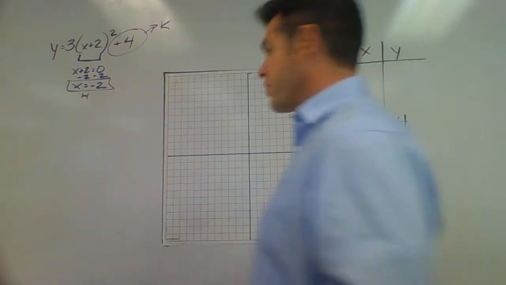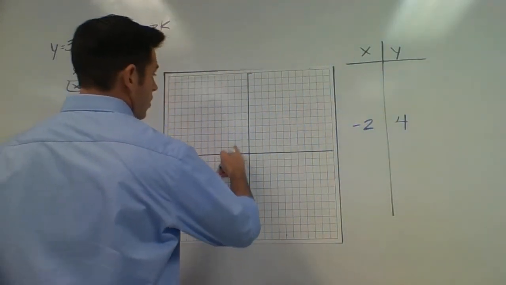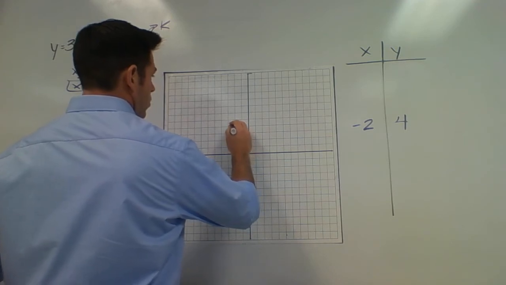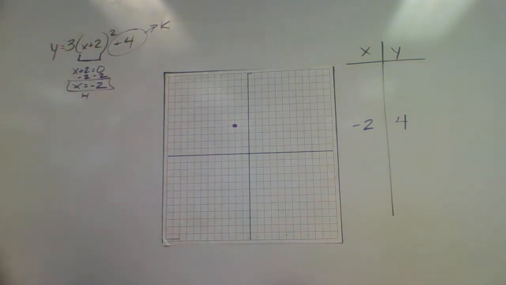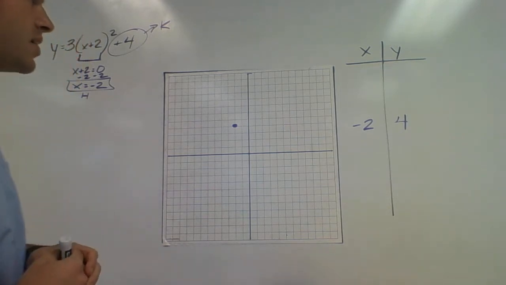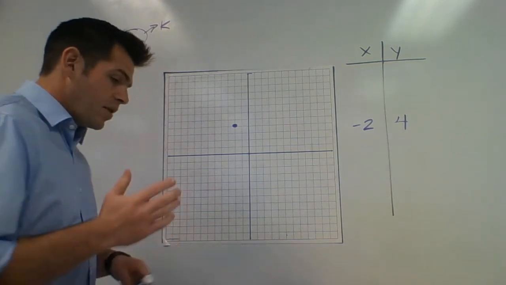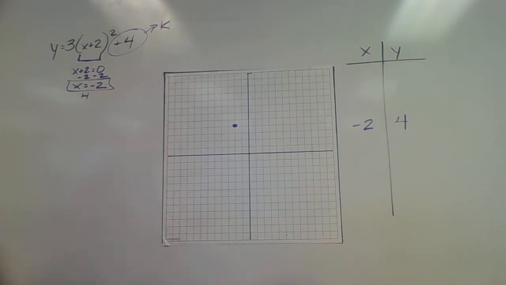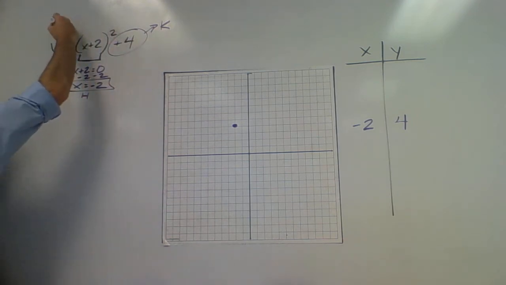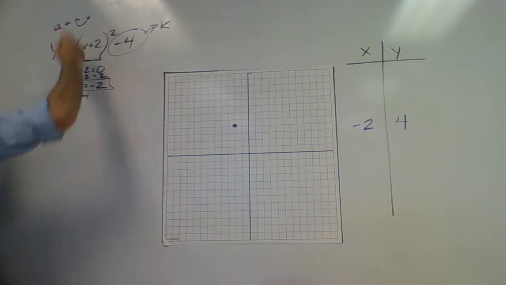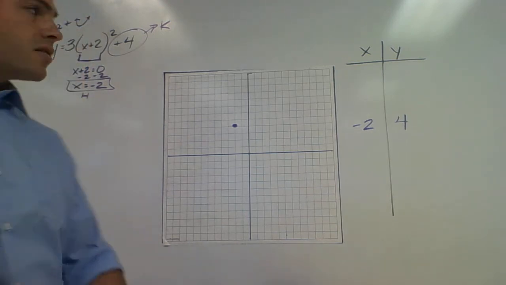I'm going to go ahead and put that on the graph. -2, comma 4, right there. Next thing I want to point out to you is that our a value here is a positive 3. Because our a value is positive, we know our parabola is going to be going upwards, kind of like a smiley face.